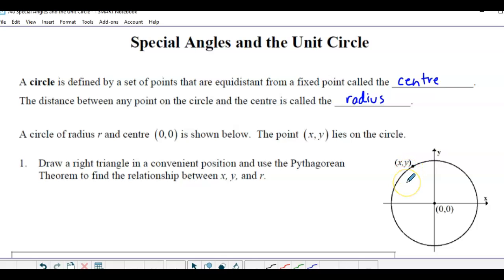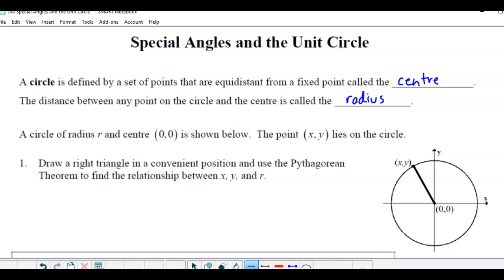It says draw a right triangle in a convenient position and use the Pythagorean theorem to find the relationship between x, y, and r. Really there is only one position. You could do it with the y-axis, but we are not going to do that.